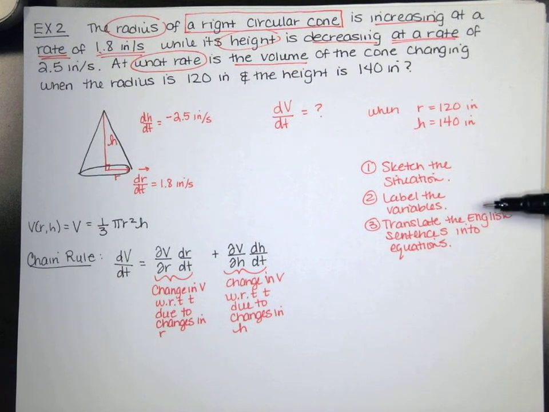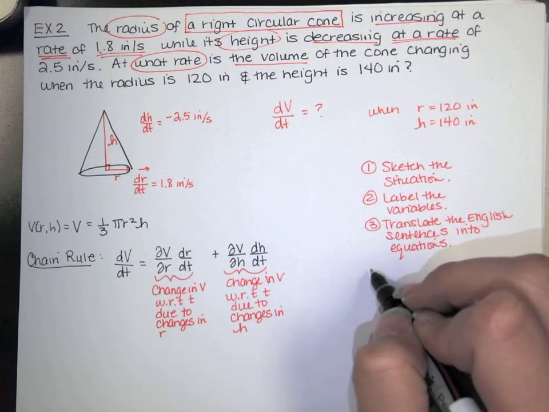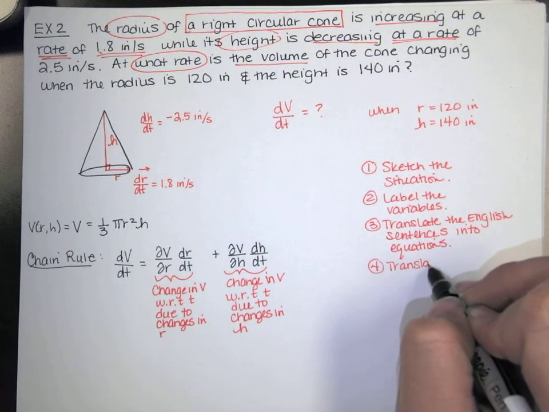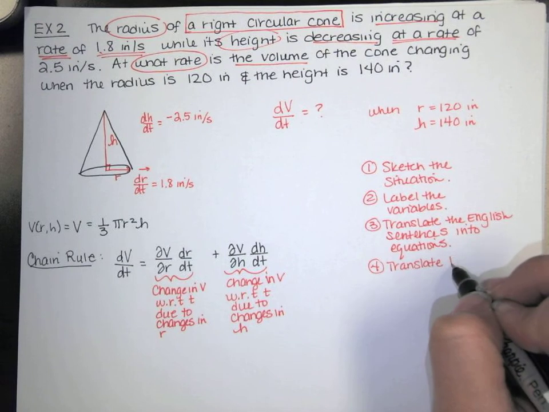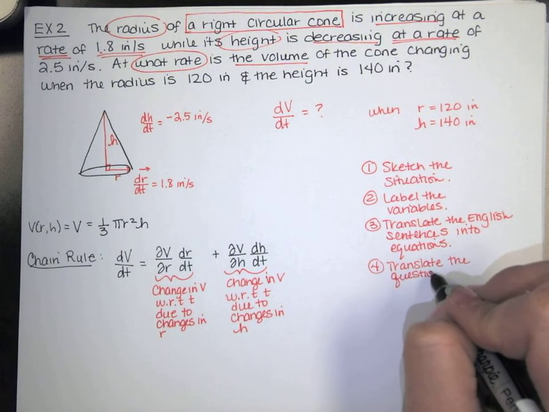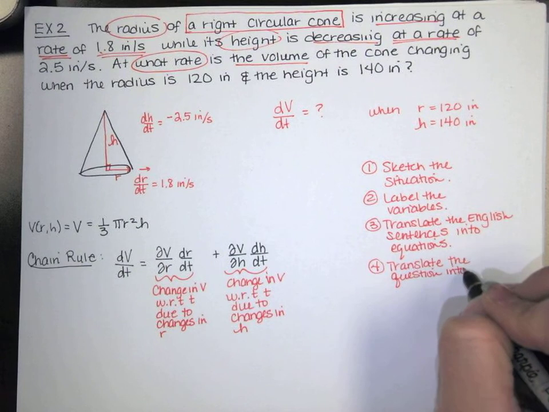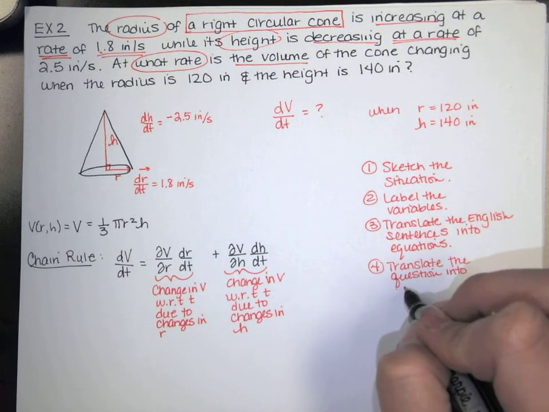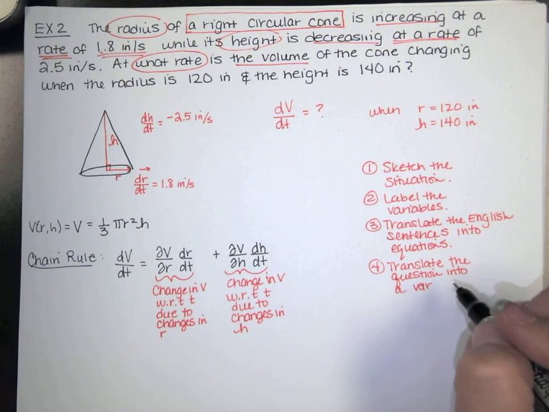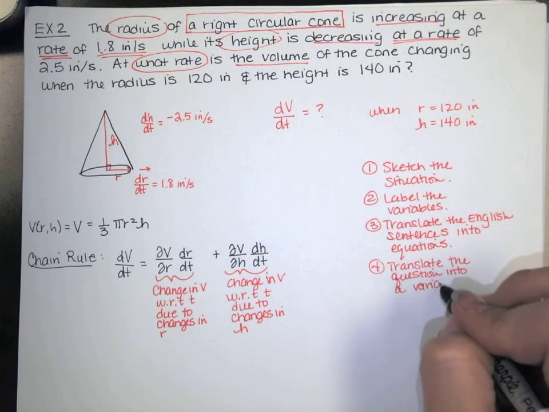So we translate the English sentences into equations, and then we translate the problem statement, the thing that they're asking for. I'm going to say translate that problem statement or question into a variable form.